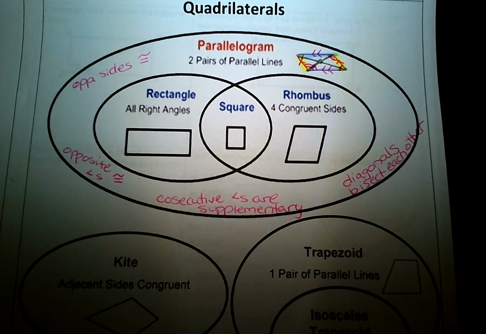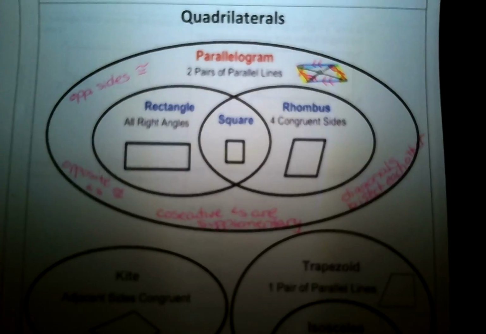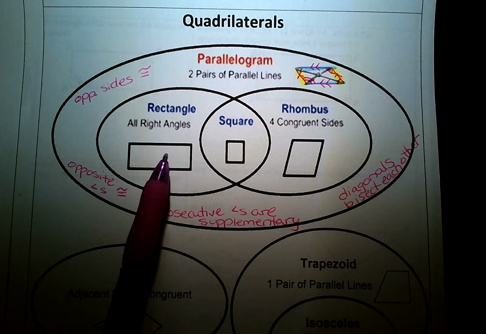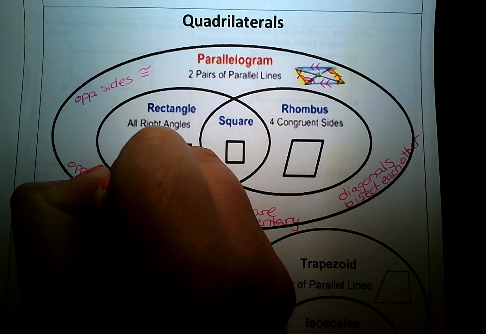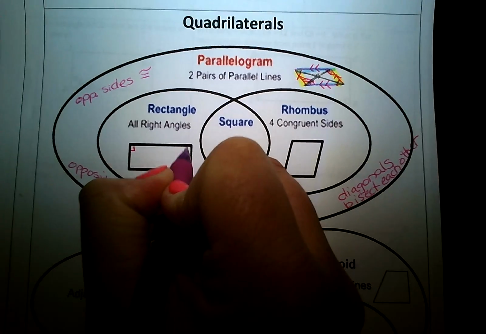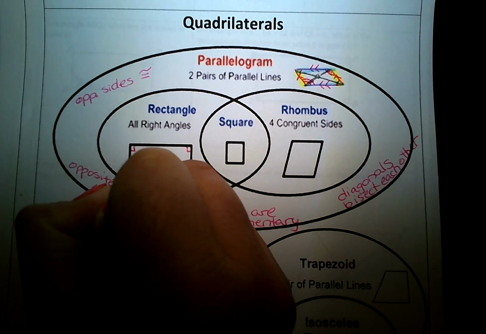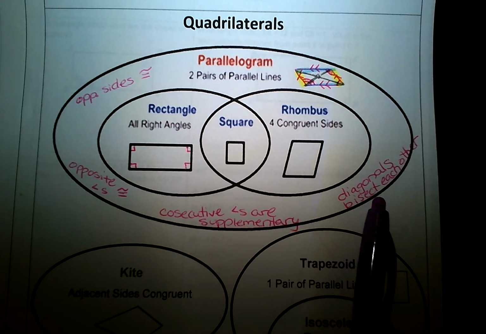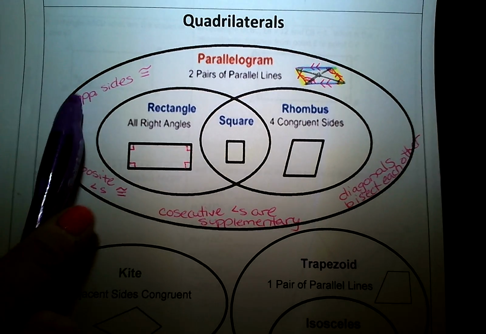Well, we can take that concept of a parallelogram and make it even more specific. We can take a parallelogram and straighten it up. That would create all right angles in the corner. That makes a rectangle. Well, all of these features of a parallelogram still hold true.